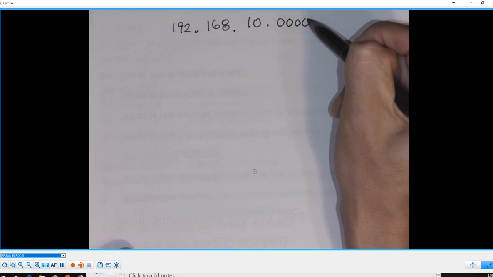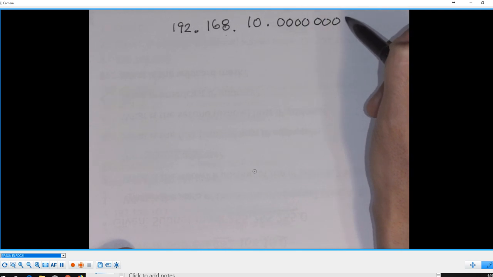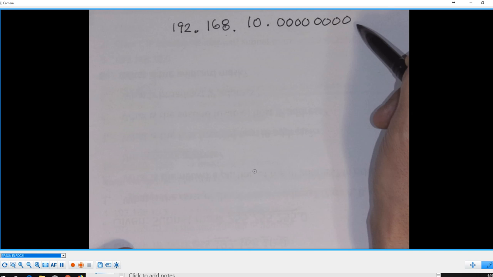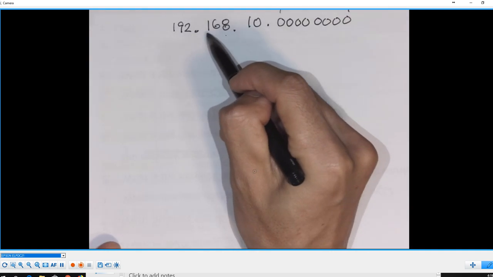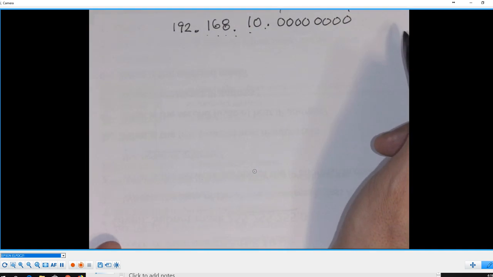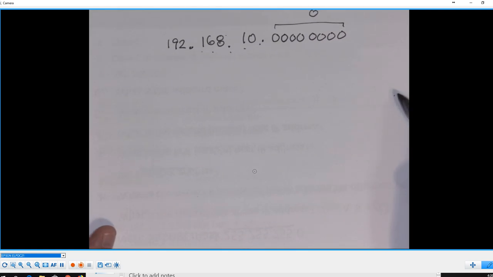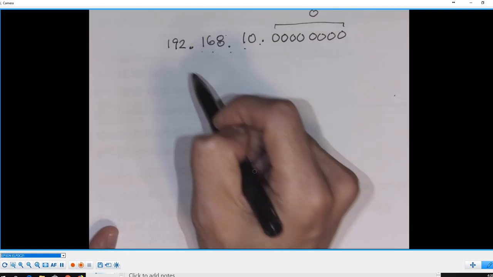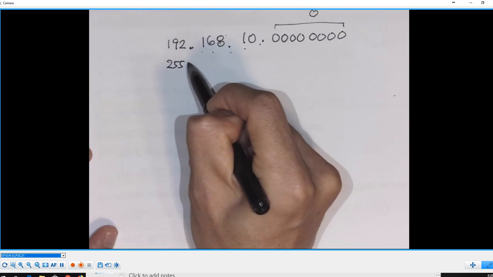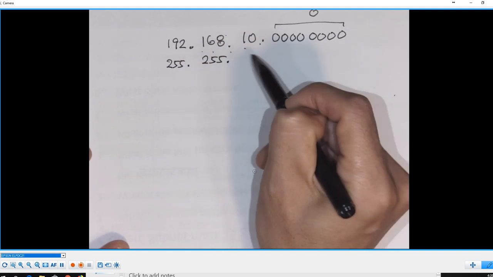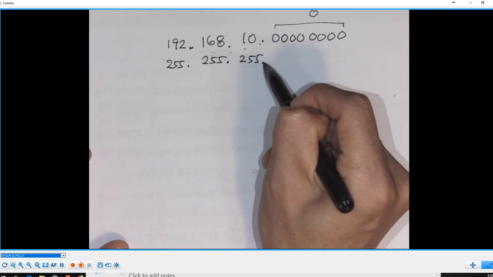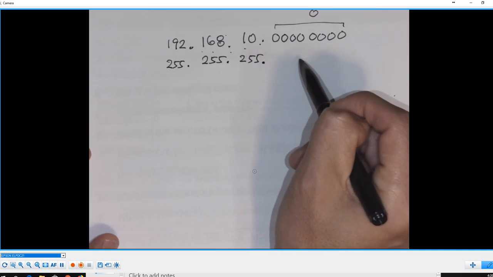So I'll extend this instead of a 0. How many bits? That's 8 bits in binary. In decimal form this is 0. So we have 192.168.10.0. And then the subnet mask, since it's class C, is 255.255.255.0.